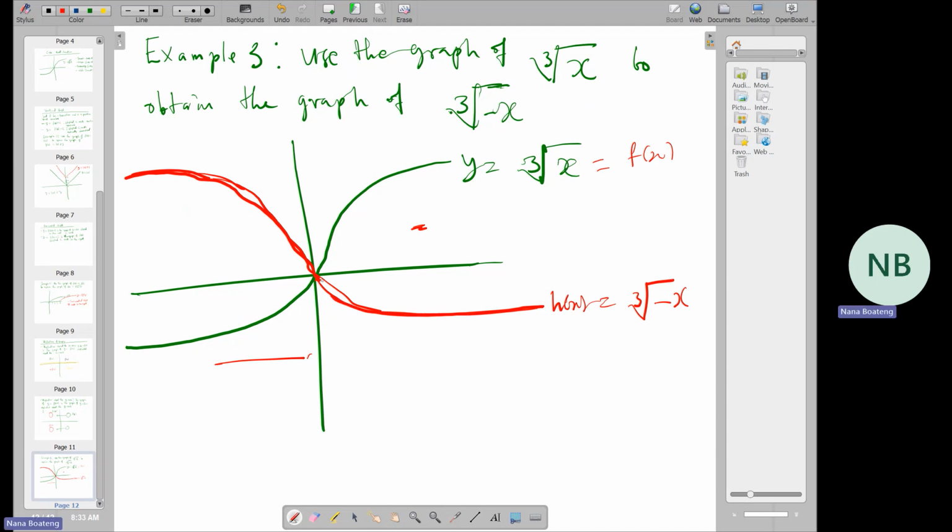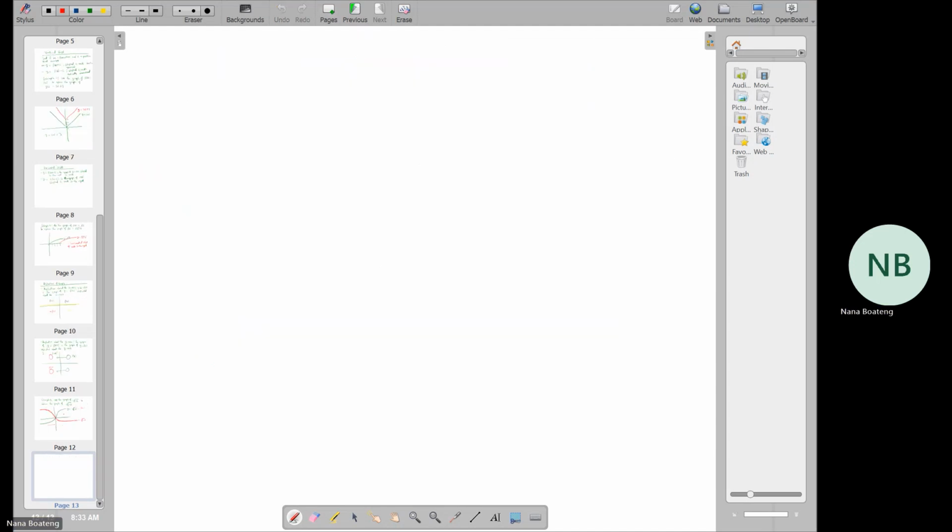Okay, let's look at vertical stretching and horizontal and vertical shrinking.